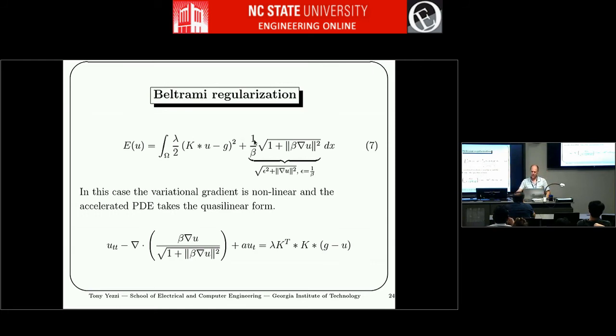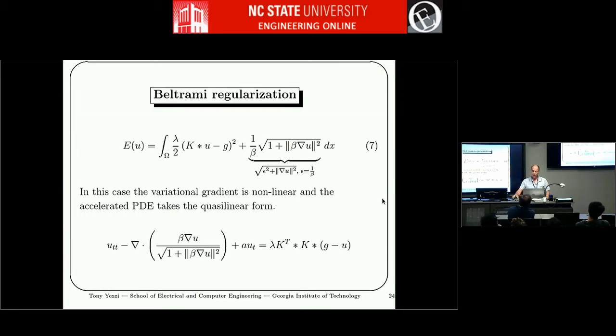And if I take the integral, if you ignore this 1 over beta outside, that's nothing more than the surface area of the graph, of the surface that I create from the graph of u. The reason I have a 1 over beta is so that as beta goes to infinity, this doesn't blow up. As beta goes to infinity, this will go to the total variational norm in the limit.